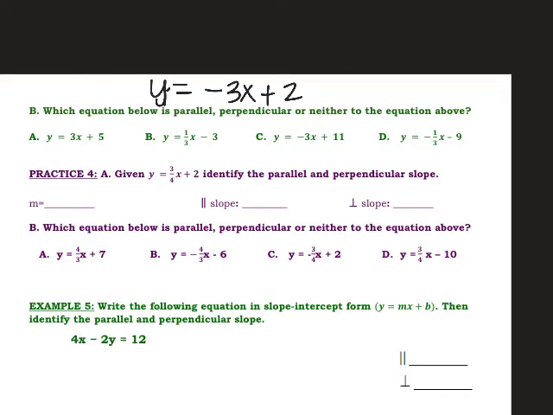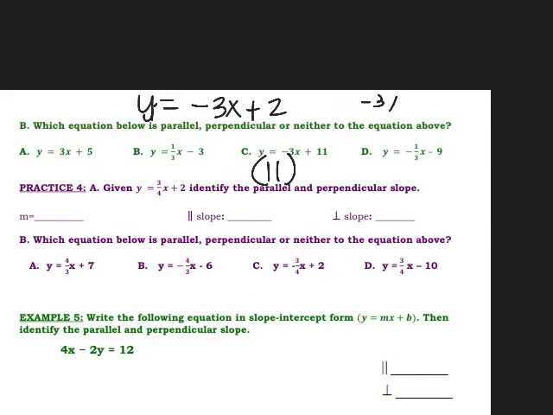Let's see. Which one's parallel? Who can tell me? A, B, C, or D? C. Good. So on C, we're going to write parallel. We're just going to put the symbol. All right. Which one's perpendicular? Technically, this is -3/1. So when I flip it, I get 1/3.